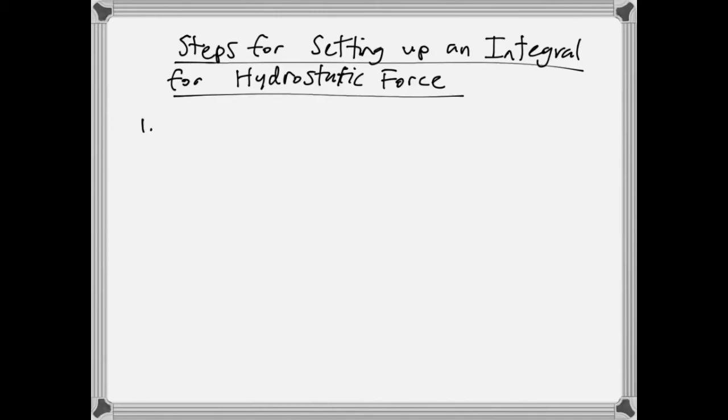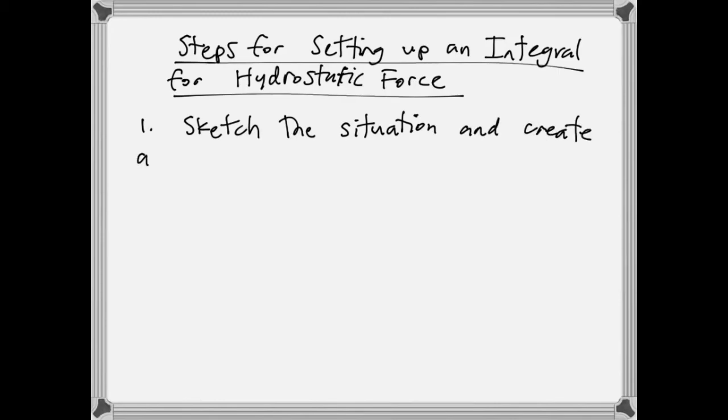So, step 1. Sketch the situation and create a coordinate system. I can't tell you how many people skip this first step. They don't create a coordinate system and then they start writing stuff down that doesn't even agree with itself.